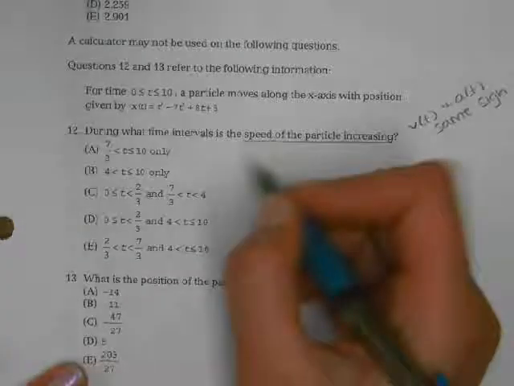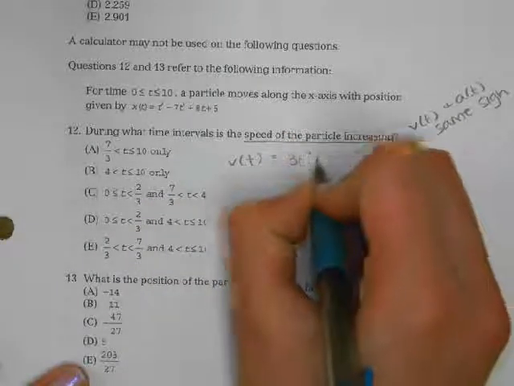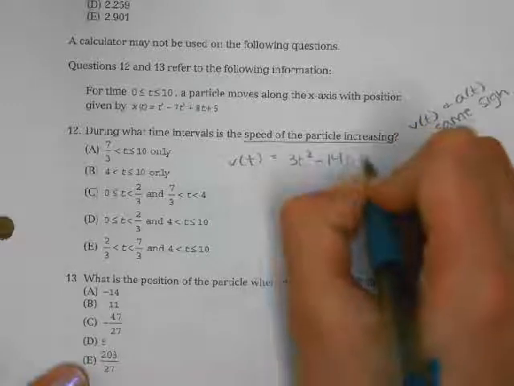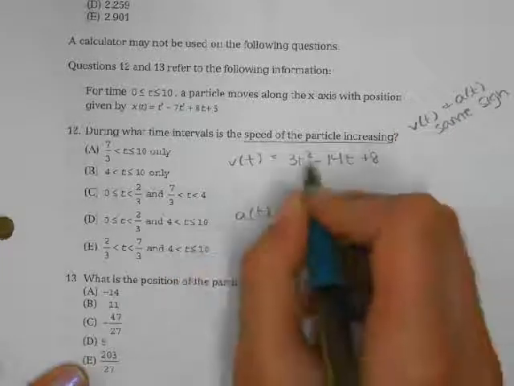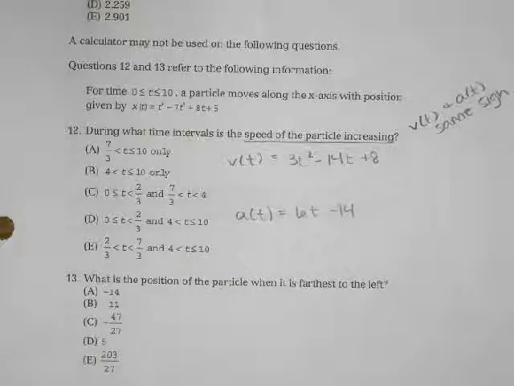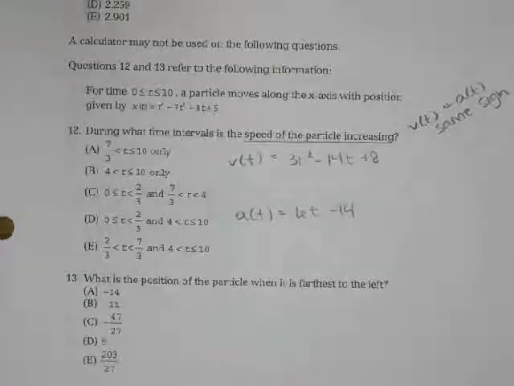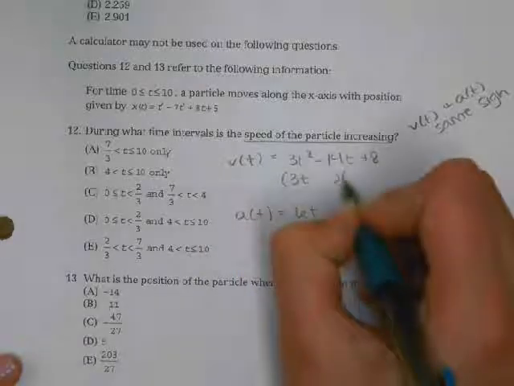So that means I need my first derivative. So 3t squared minus 14t plus 8. And I need my second derivative, so 6t minus 14. And I need to solve each of those, and I need to draw a number line for each of those. So this one, when I solve, I have to factor.